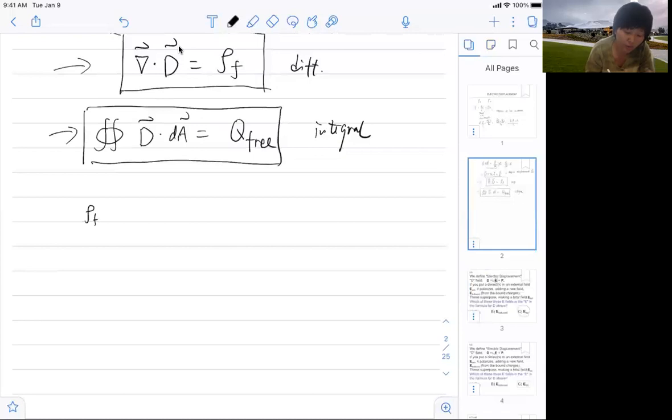Rho F, the free charges, are externally determined, which is easy to calculate. So you know what it is. Which makes D easy to calculate if you have the symmetry to use Gauss's law, the similar format for Gauss's law, it's easy to calculate D.